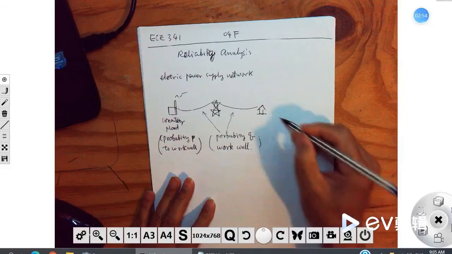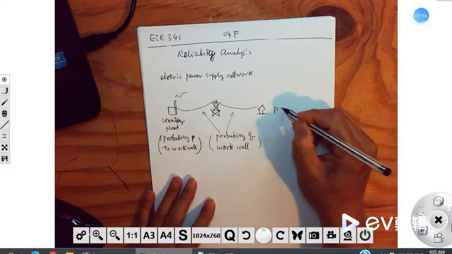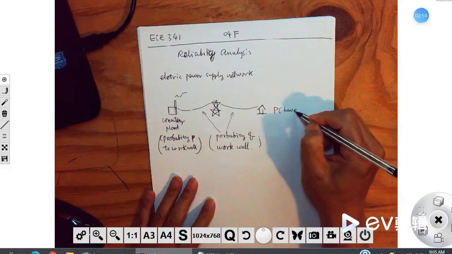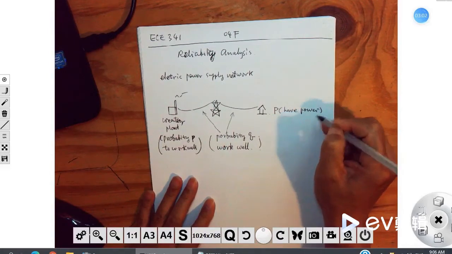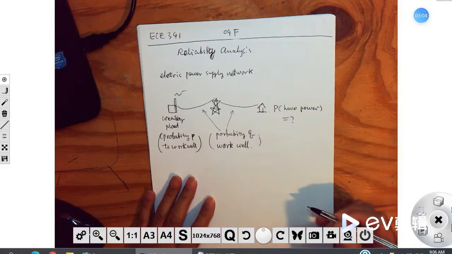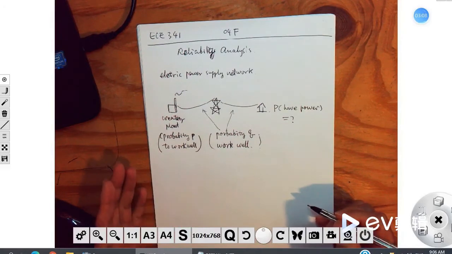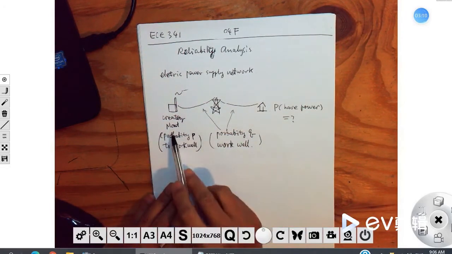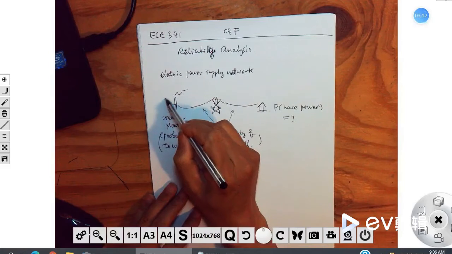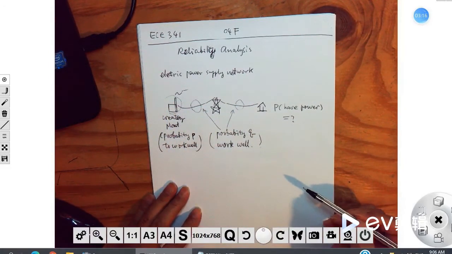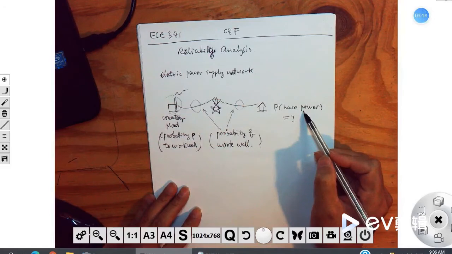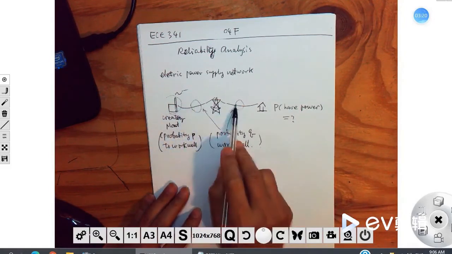Then we want to know the probability that you have electric power. You have three parts to consider. You have power only if all of them work well.